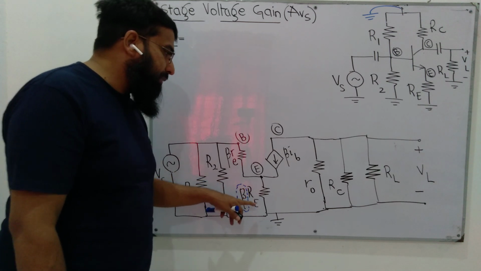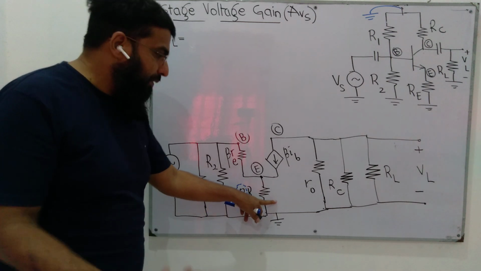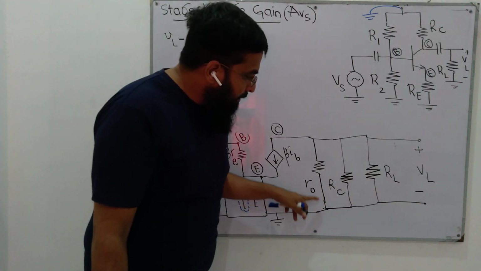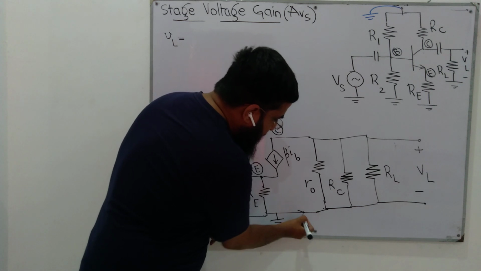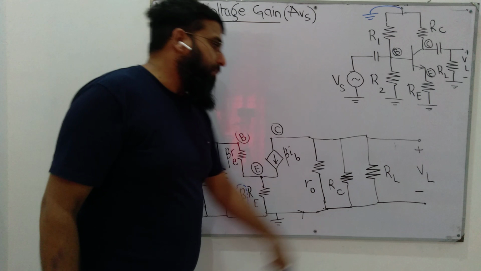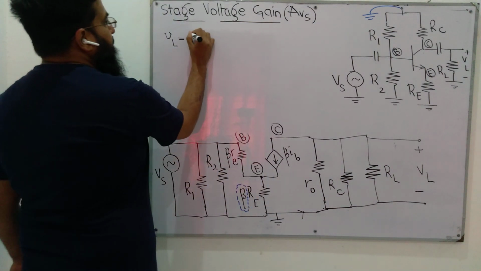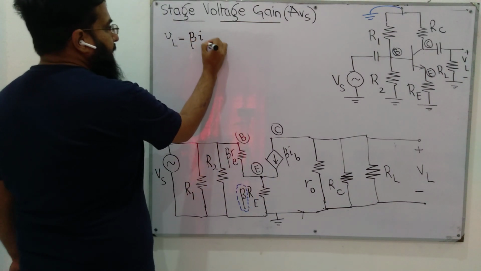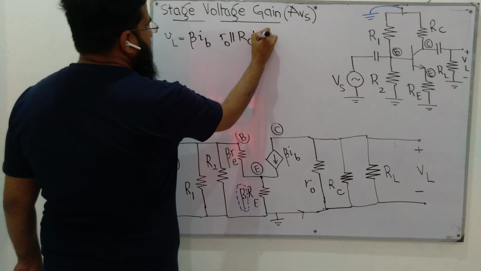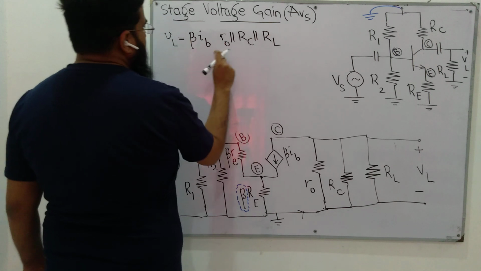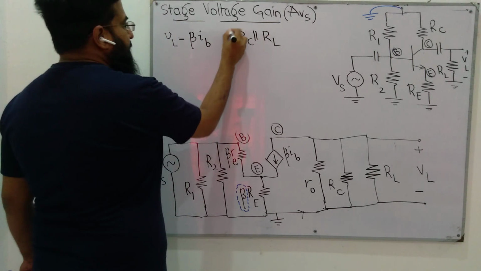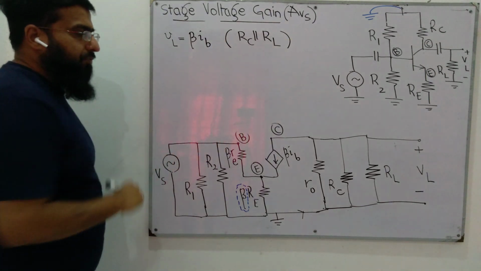So since the current is beta plus 1 times IB here, but we take it as beta IB for simplicity, this beta IB current takes this path and enters this parallel combination. So the voltage drop VL would be beta plus 1 IB, or beta IB, times R0 in parallel with RC in parallel with RL. Since R0 is very large compared to this parallel combination, we usually neglect it and we are left with this expression for VL.